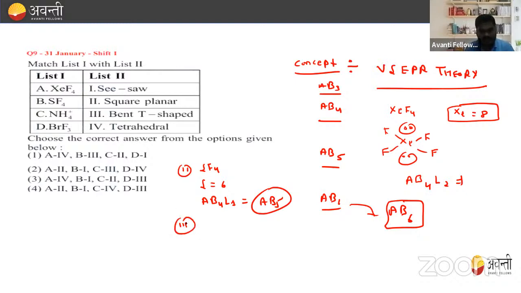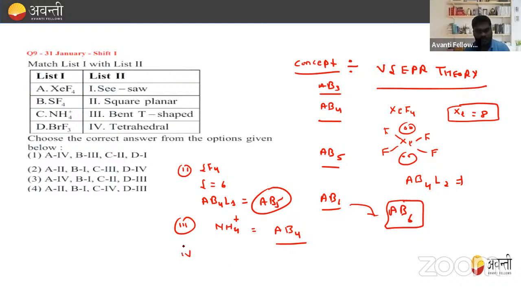Similarly, if I'm talking about NH4 plus, yes, it has AB4, and there is no lone pair in this.